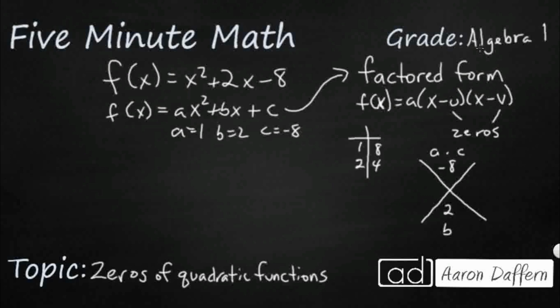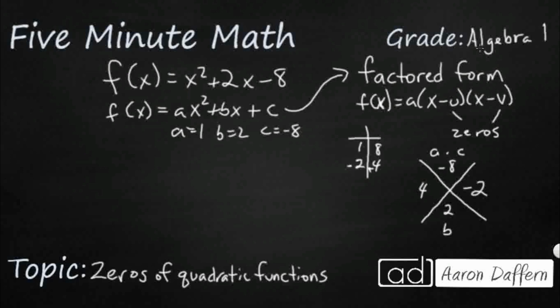So since it's going to be negative, right, I'm going to say, actually, let's do a +4 and a -2, and that's going to be 4 times -2 is -8, but 4 minus 2 is going to be 2. So there we go. That's what I need.